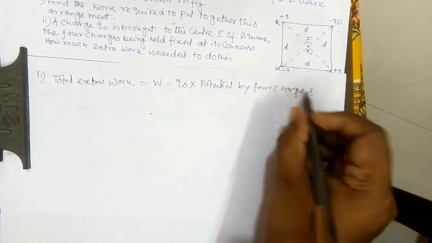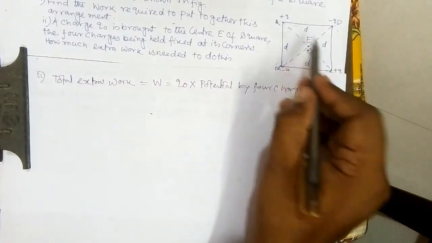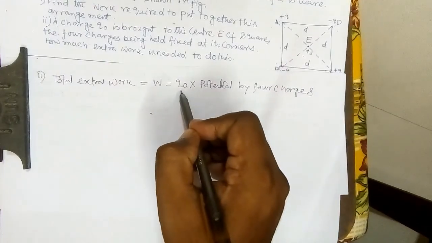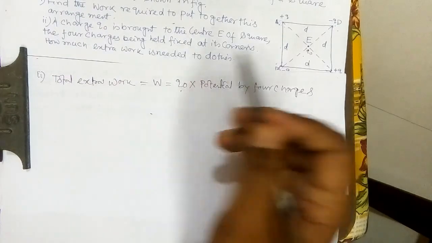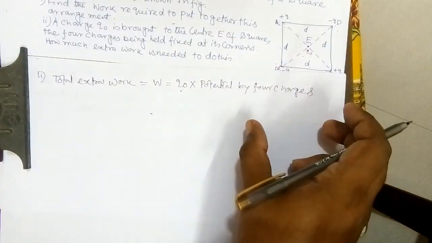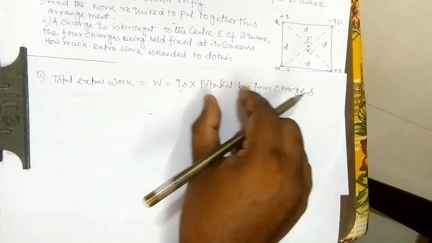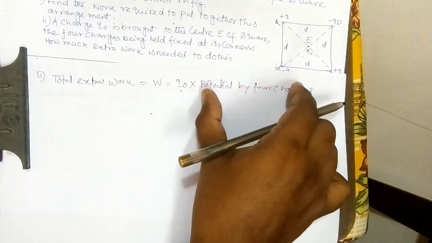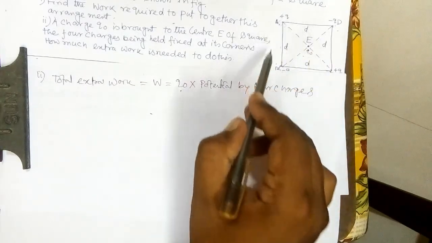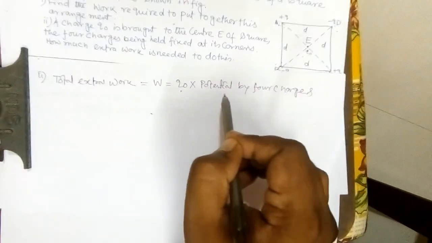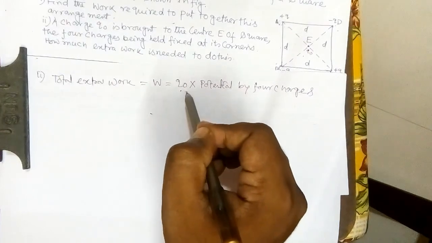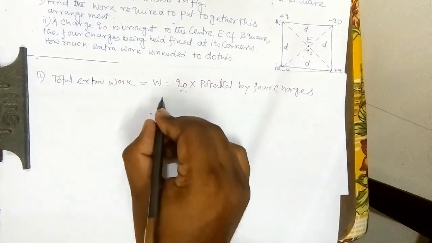So I have to find out the potential for these 4 charges, and I have to multiply with the charge q naught, and then we get what will be the total work done, because we know W equals to V into Q. So here V is formed by taking the potential of 4 charges, we have to sum it, and we have to multiply with the q naught. So let's find it out.